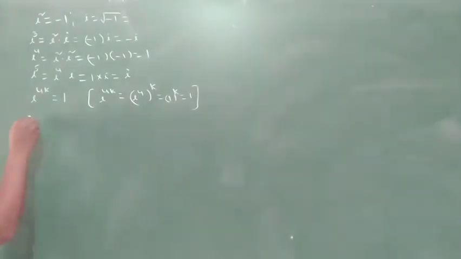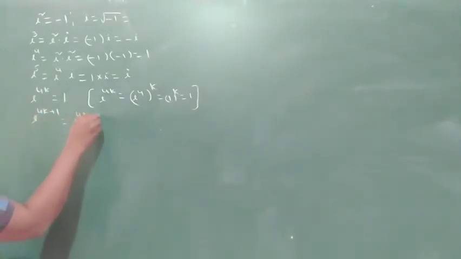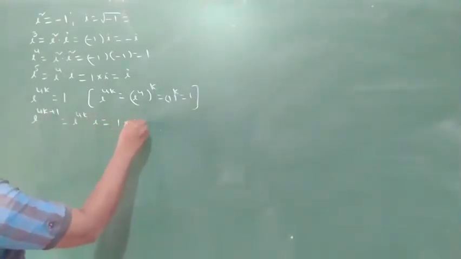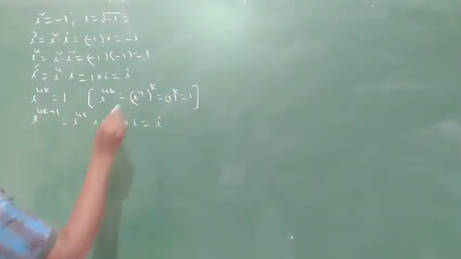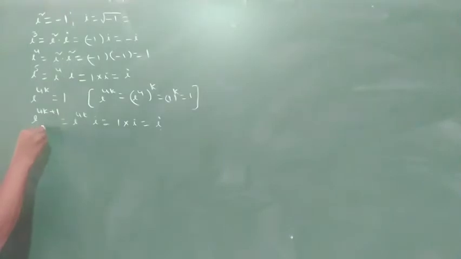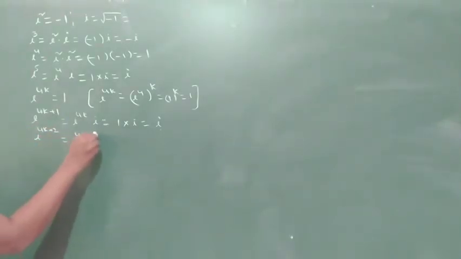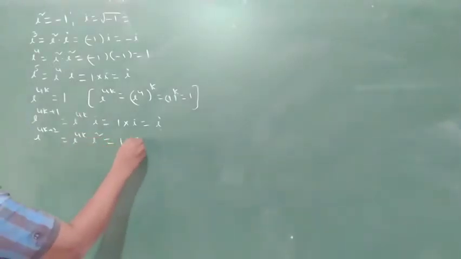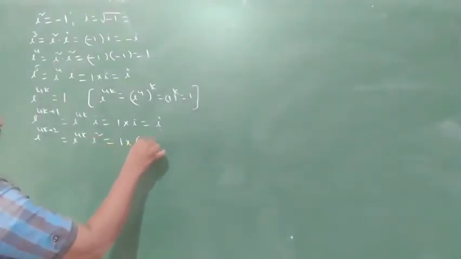So i power 4k plus 1 is equal to i power 4k into i, that is 1 into i, which is equal to i. i power 4k plus 2 is equal to i power 4k into i square, 1 into i square, which is equal to minus 1.